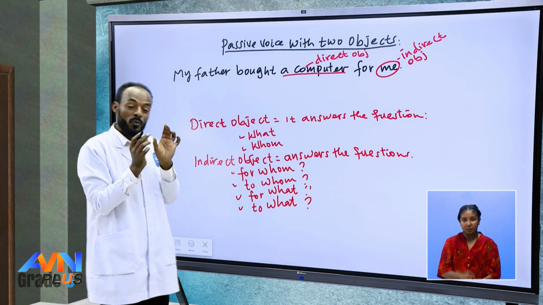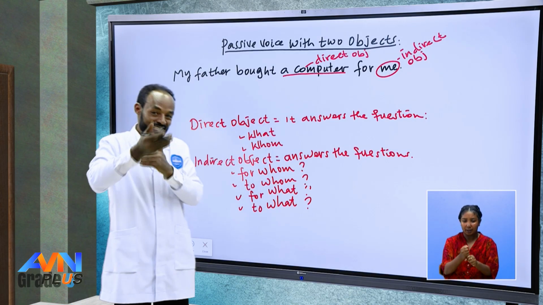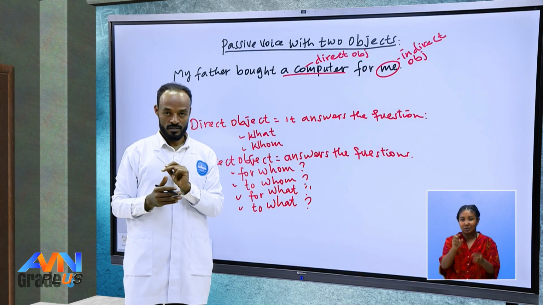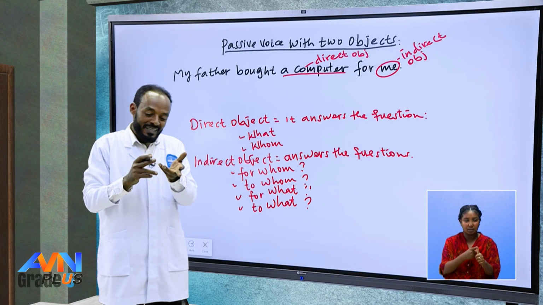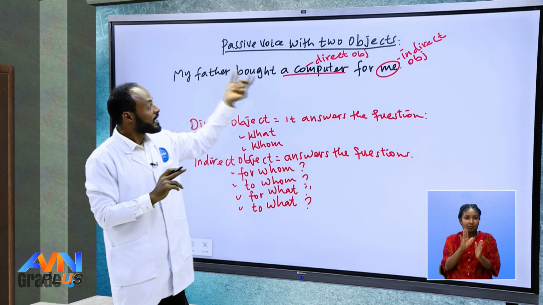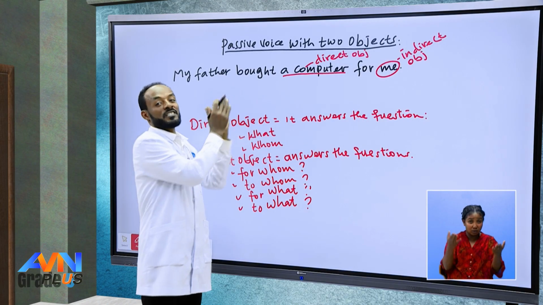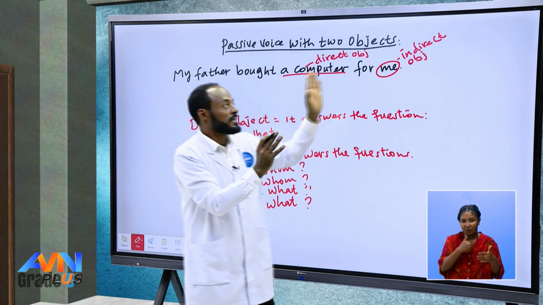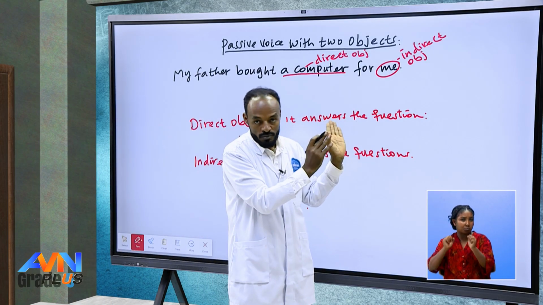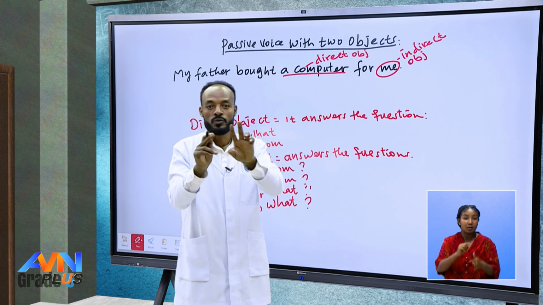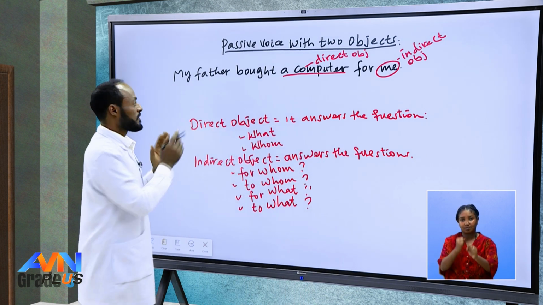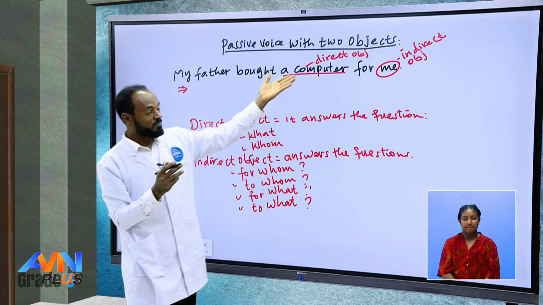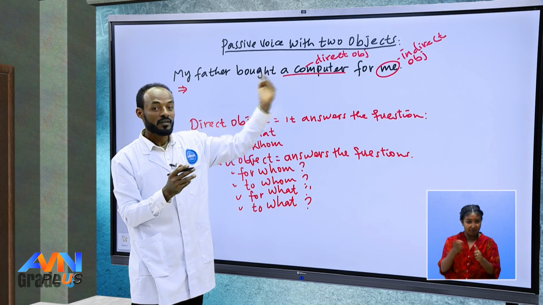So now we can change this sentence into passive voice using two strategies. The first one, if you are interested in the direct object, you can start from the direct object. If you want to start from the indirect object, you can start from the indirect object. So we can do it in two ways. For example here, can we start from the direct object? Nice.